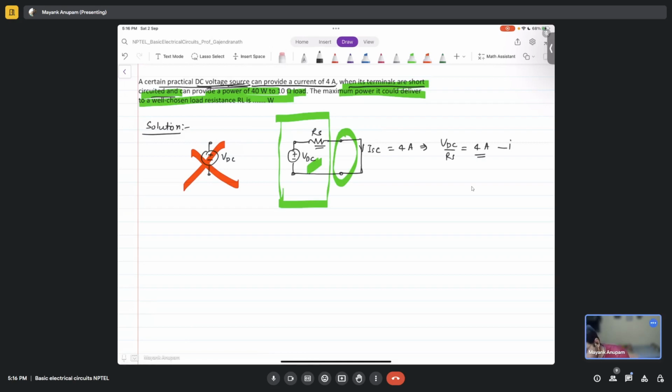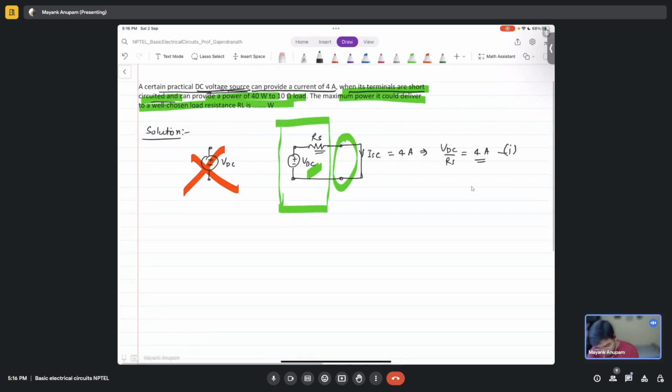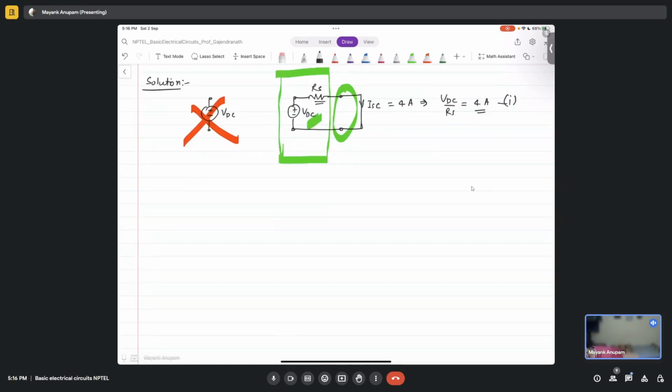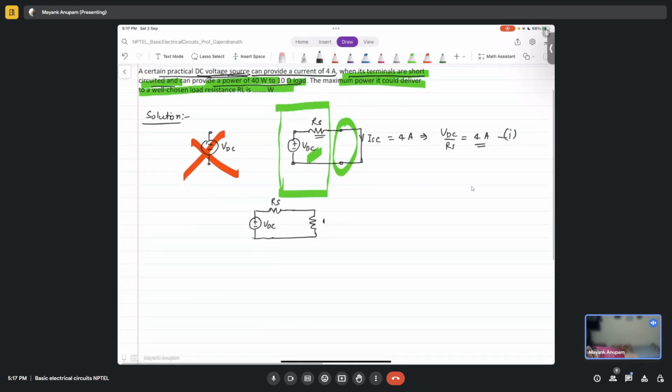Now you also have another information that it can provide a power of 40 watt to a 10 ohm load. So let's say you connect this practical DC voltage source, which is RS and VDC, to a 10 ohm load.